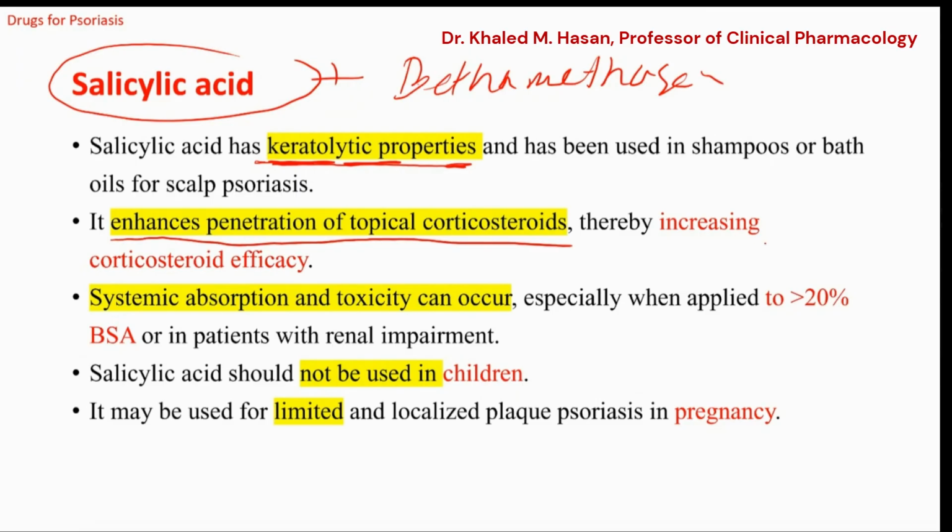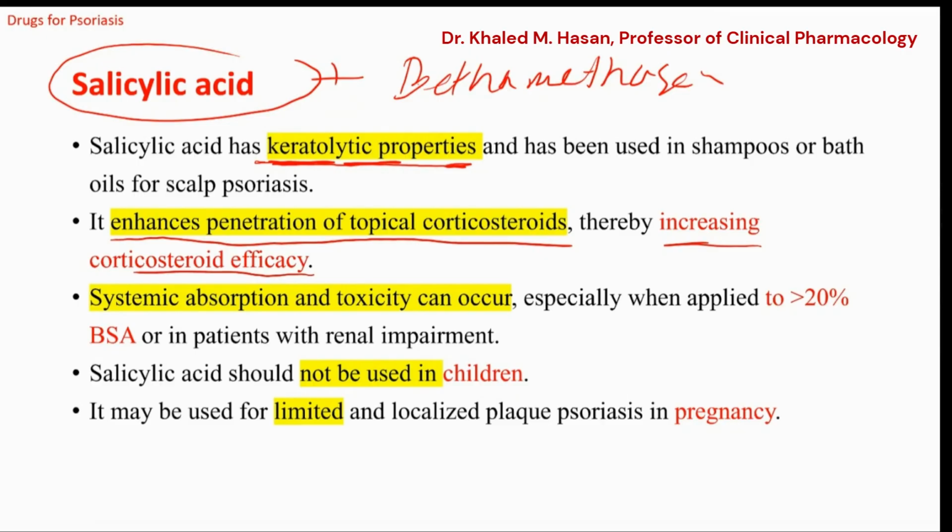So the purpose is to increase the efficacy of cortisone. So the question now, what is the main purpose of using salicylic acid with the cortisone when treating a patient with psoriasis? To enhance the activity of cortisone, enhance penetration of cortisone.